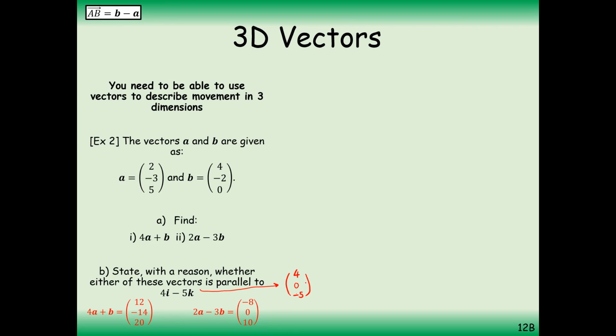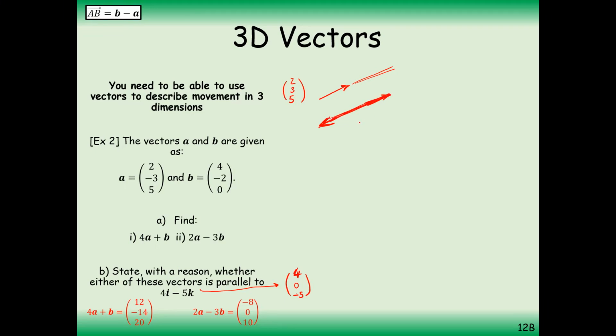Now, we've been asked to find the parallel vector. Parallel vectors, if you remember from year 12, are multiples or fractions of each other. They don't have to be exactly the same length. As long as they are parallel, the coefficients will have the same ratio. For example, if I have 2, 3, and 5, a parallel vector doesn't necessarily have to point in the same direction.